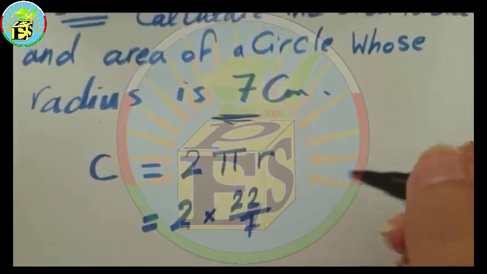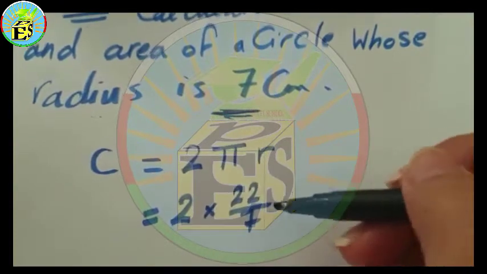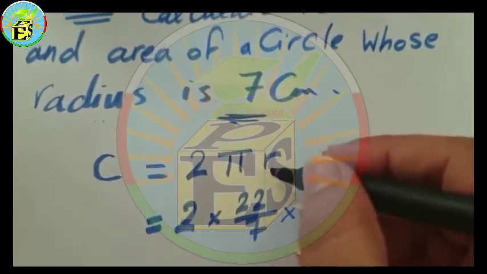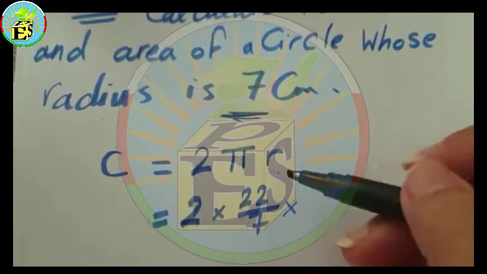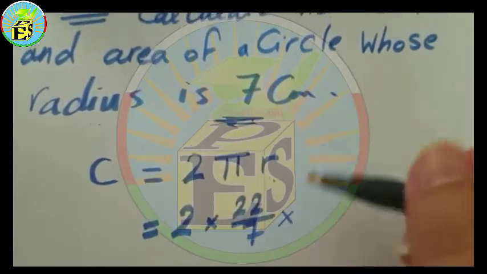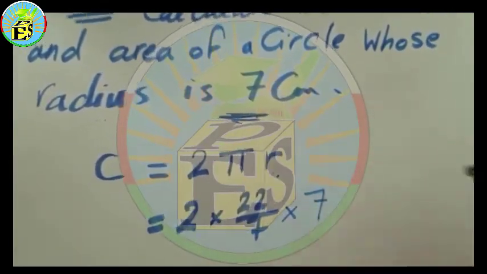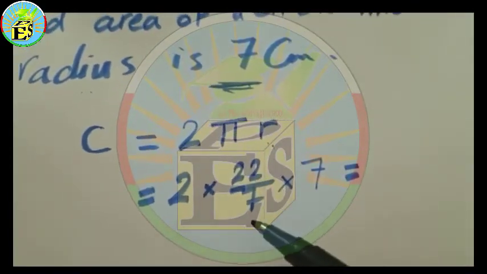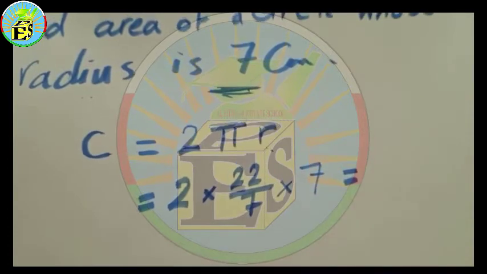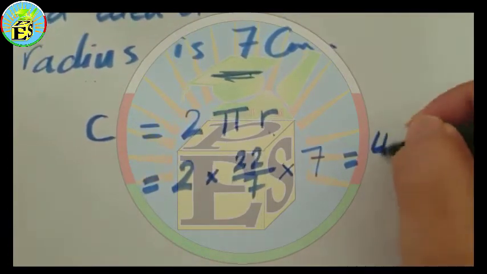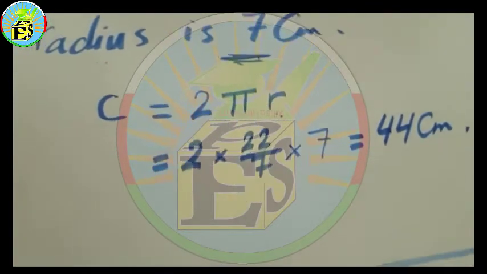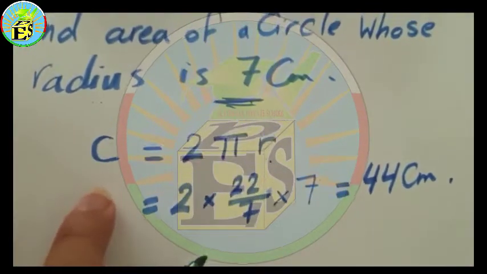Both of them are right. So I will put 22 over 7 multiplied by the radius, which is 7. Use your calculator: 2 times 22 over 7 times 7 is 44 centimeters. Now I have the circumference.